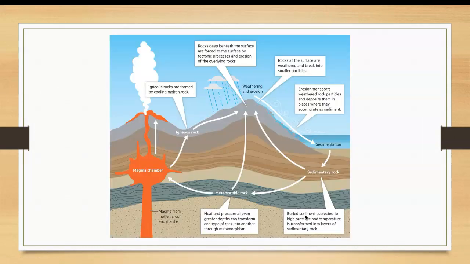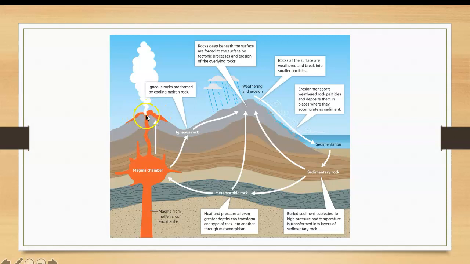Now, if we look at the rock cycle, the hot stuff from deep inside of the Earth moves to the surface like this. This is a magma chamber, and we have an eruption of a volcano.